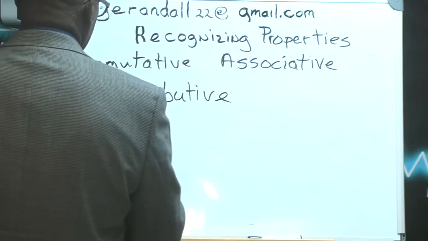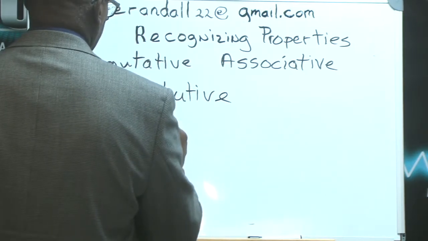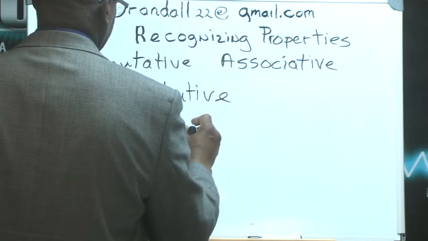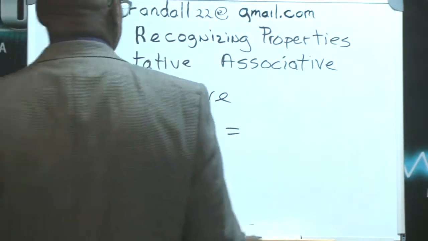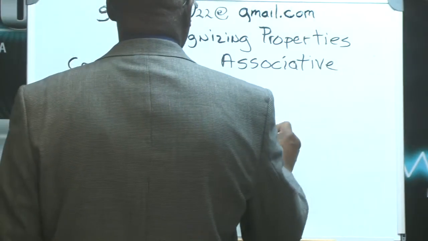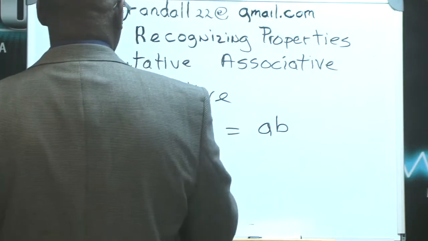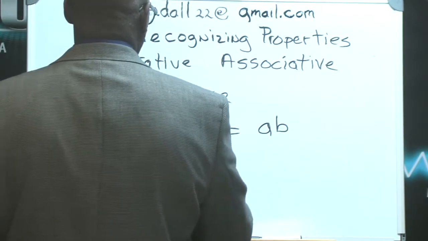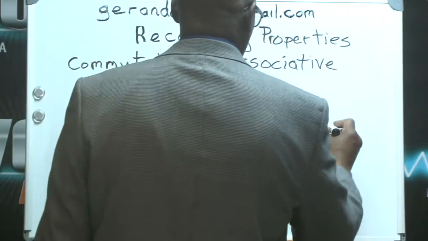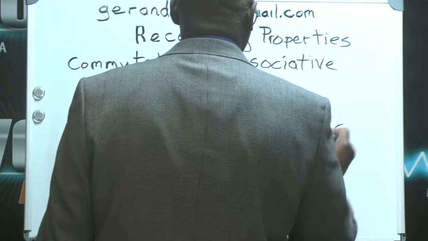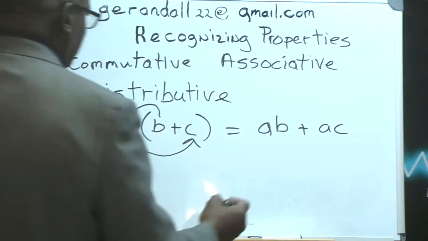And what that means is A times the quantity B plus C equals A times B, which you're multiplying that, plus A times C. Okay? And then you'll get a total.